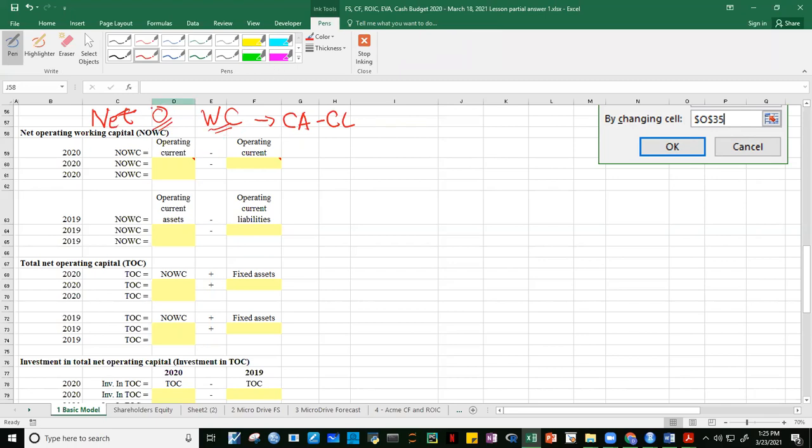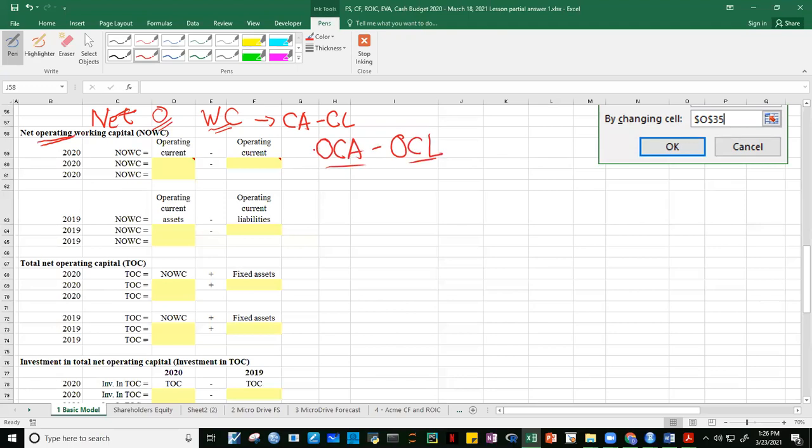However, meron tayong descriptor na operating. So ano ibig sabihin, guys, ng NOWC, net operating working capital? Okay, the operative word here is operating. Pag sinabing operating, ang ninenet natin is your operating current assets minus your operating current liabilities.